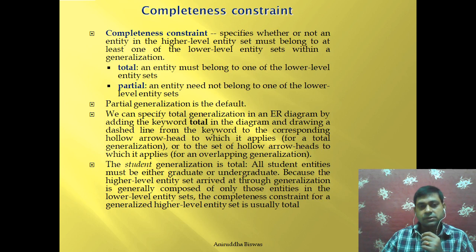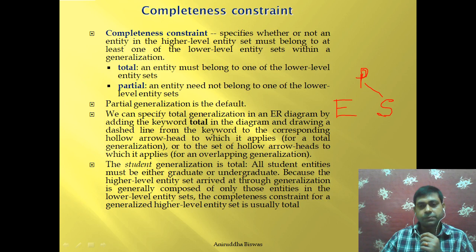Say, for example, person is the higher level entity set, whereas employee and student are the lower level entity sets. Now not all persons can be an employee, right? But maybe all persons are or were students.